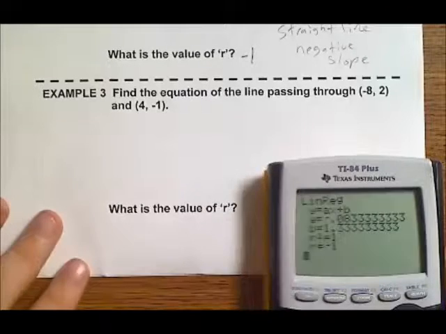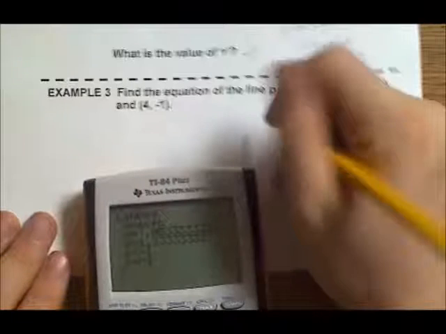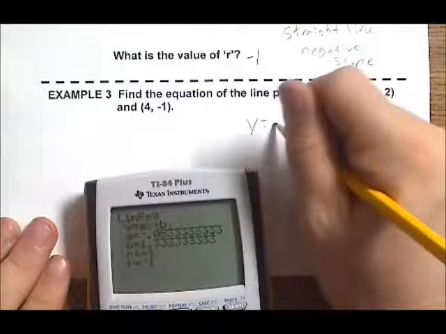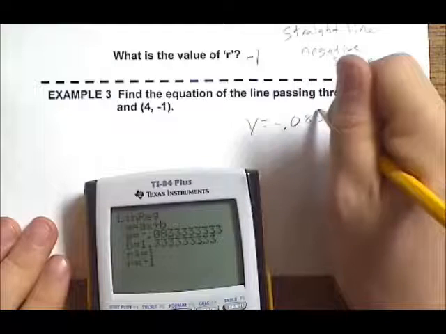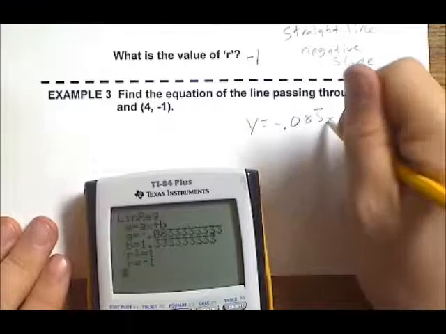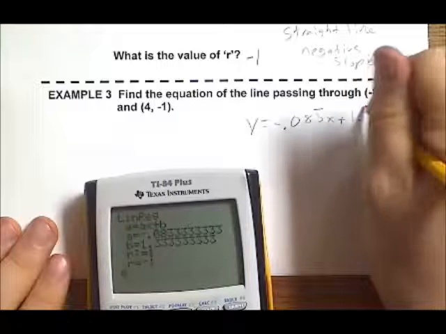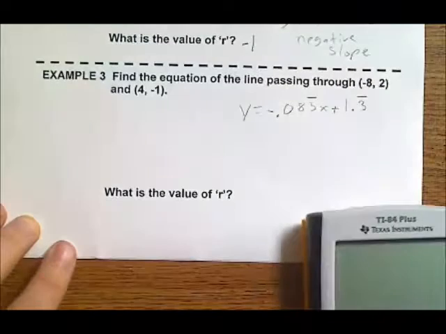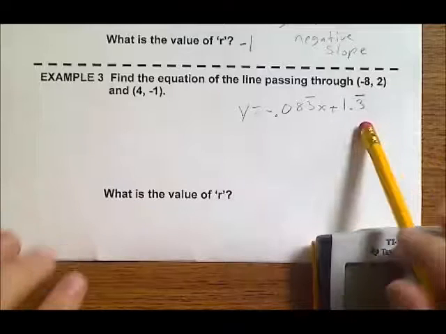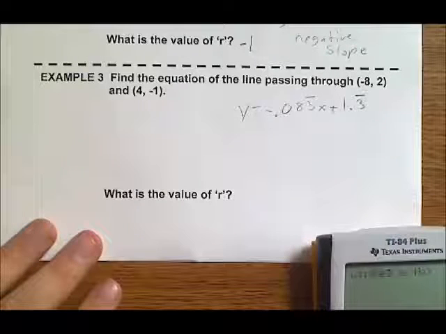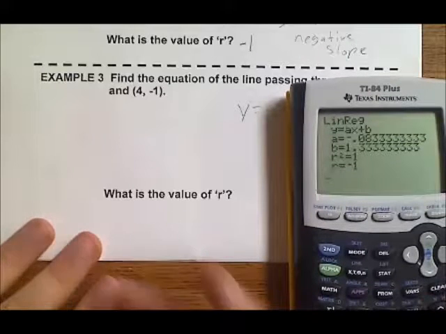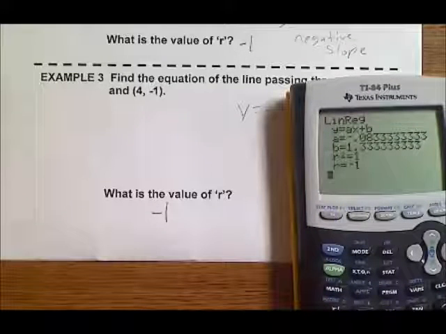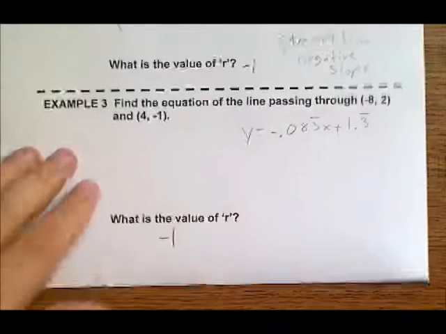And here we get that y equals -0.083 repeating x plus 1.3 repeating. So we got some answers that are not quite as pretty. And we have an R value this time of -1. Again, that means that this is a straight line with a negative slope.